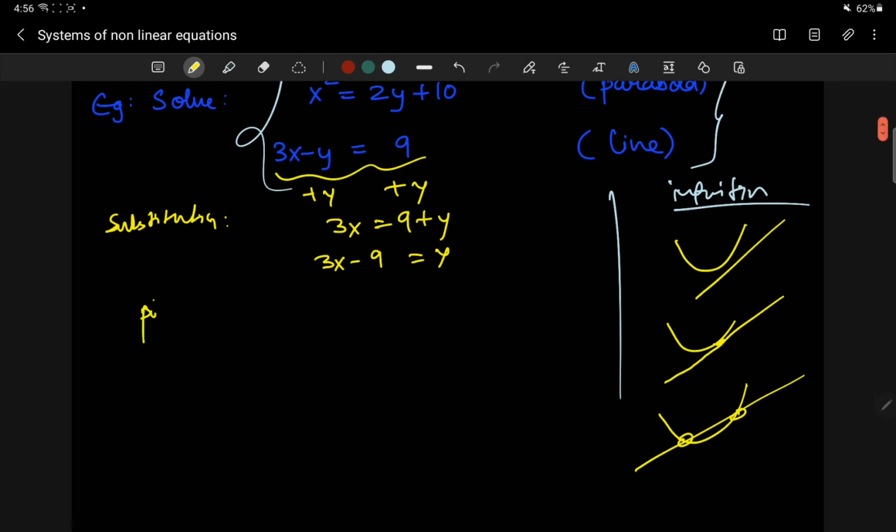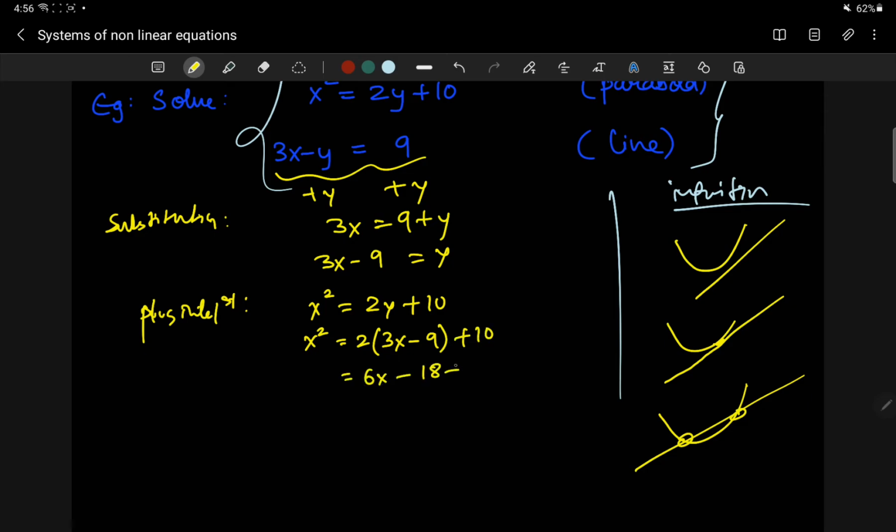I plug this into the first one. The first one had x squared is 2y plus 10. But now I have y in terms of x. So this is 2 times (3x minus 9) plus 10. This is 6x minus 18 plus 10.